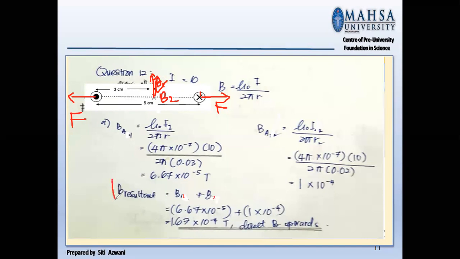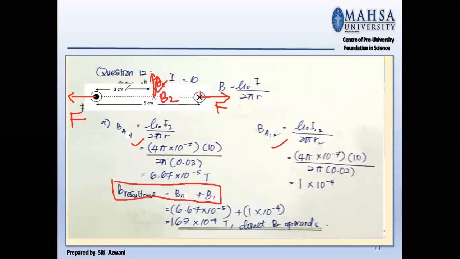So how to calculate the B resultant? You have B1 plus B2. But before that, you need to calculate the value of your B1 and the value of your B2 at point A. Please check the distance, and substitute the correct distance or the radius here. For the magnetic field B due to wire 1 at point A, you have a radius which is 0.03.